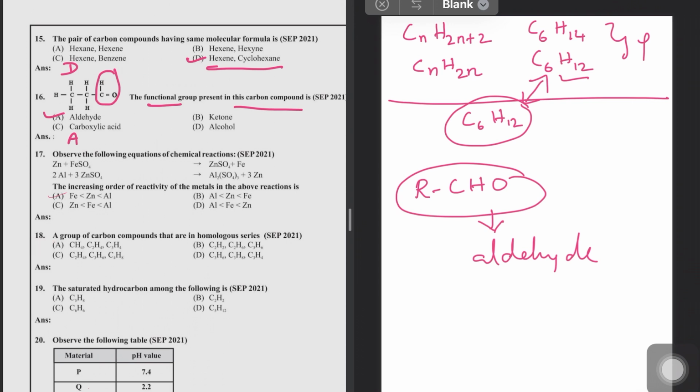Coming to the 18th question, a group of carbon compounds that are in a homologous series are. We have already discussed homologous series in previous questions. It is a series of carbon compounds with the same general formula. So we should check among the given options which carbon compounds have the same general formula.